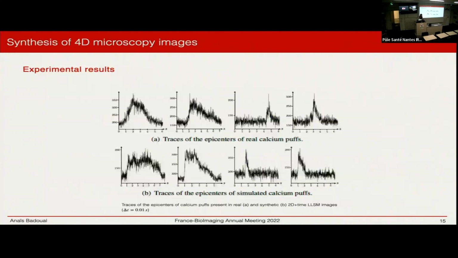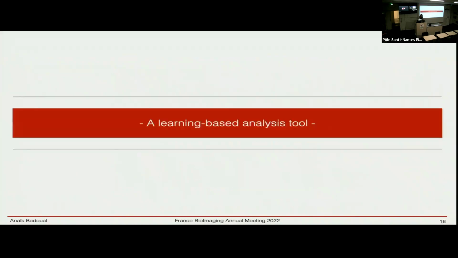And we also check that our synthetic calcium events are relevant in terms of amplitude and duration compared to real data. So we really hope that those synthetic data sets will be used by the community to boost the development of analysis tools, allowing to decipher the behavior and the function of the astrocytes.